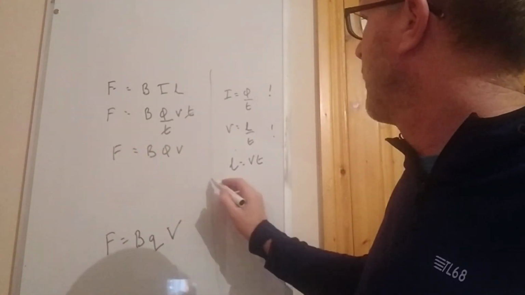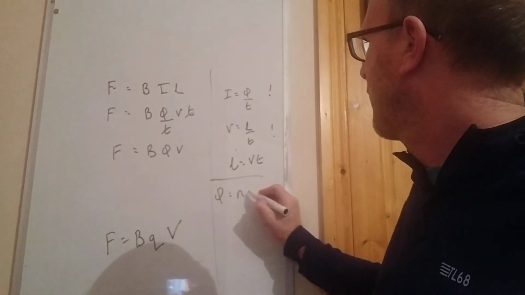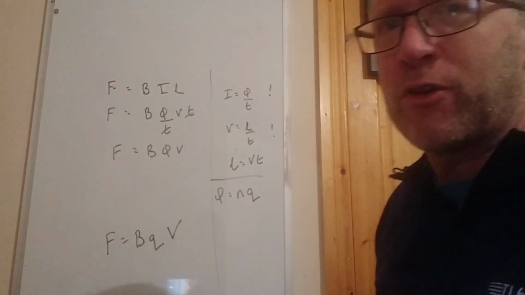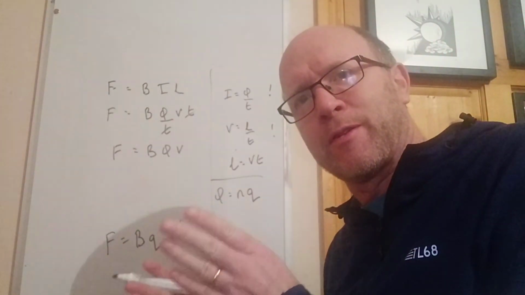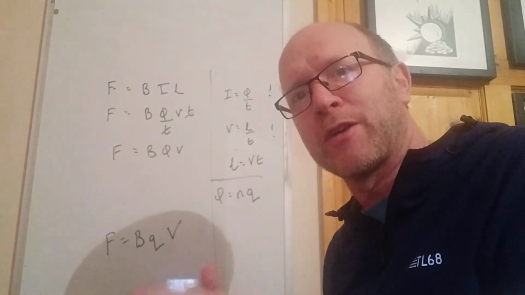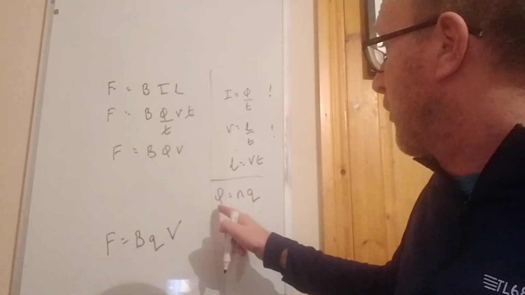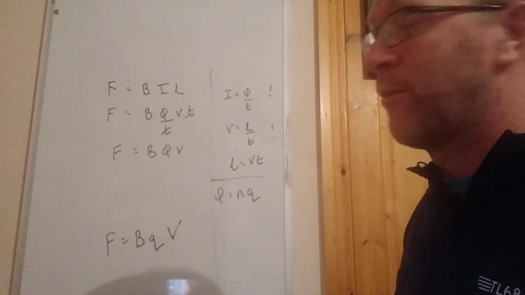Now, we then have to indicate, and we could have done it earlier, that Q is equal to N times small q. If you have a charge large Q, it's N times the charge of the individual particles that are causing the overall charge. So if the charge was 46 and each individual particle had a charge of 2, N would be 23.